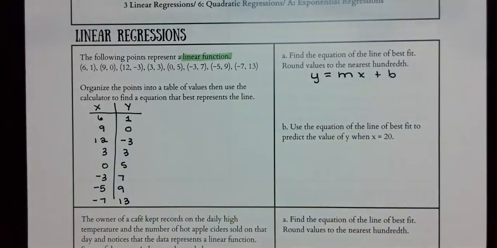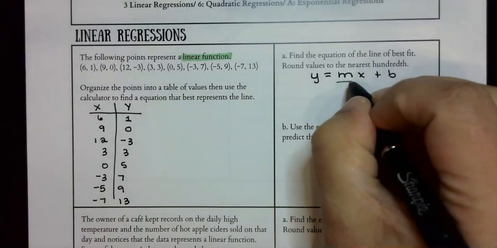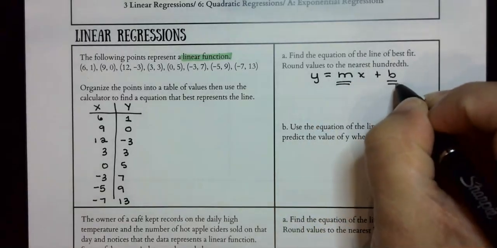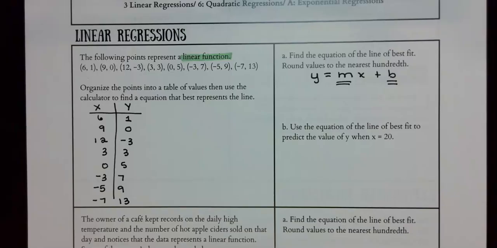Basically we're trying to figure out what the m of our line is and what the y-intercept, or the b in this case, is, so we can plug those numbers in. Our calculator will take these values that we type in and give us the best representation of slope and y-intercept for this line. So let's go ahead and grab our calculator.